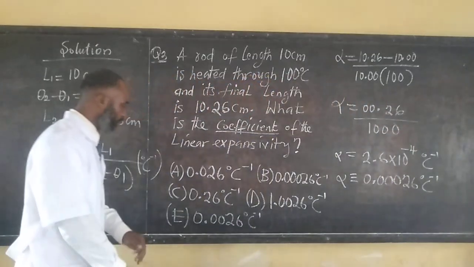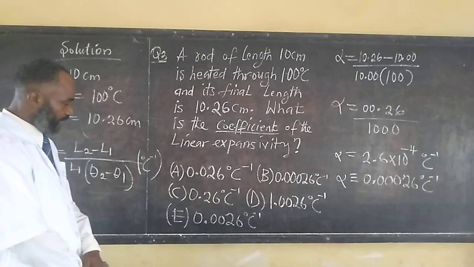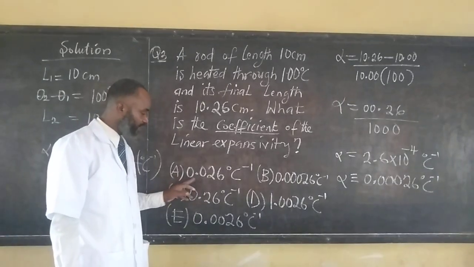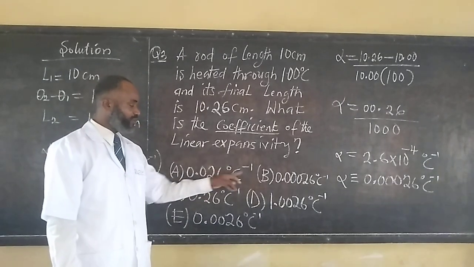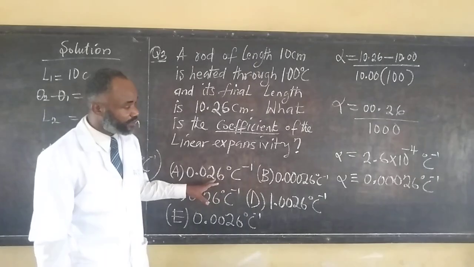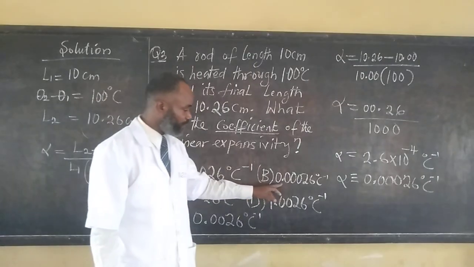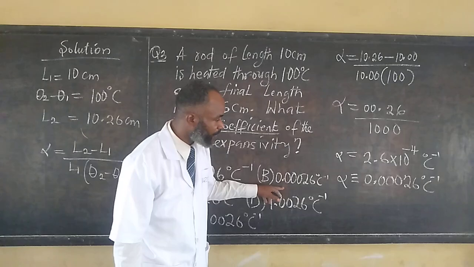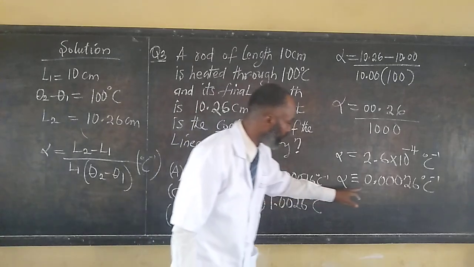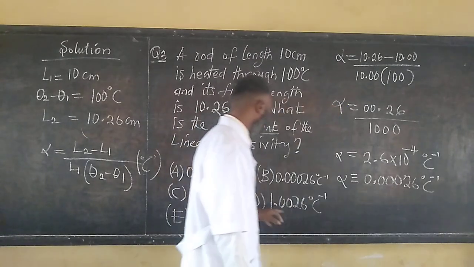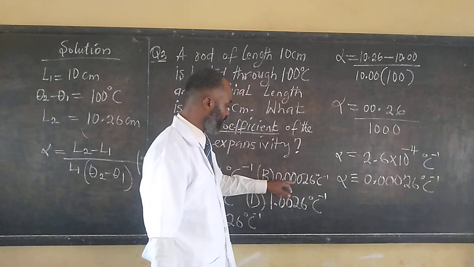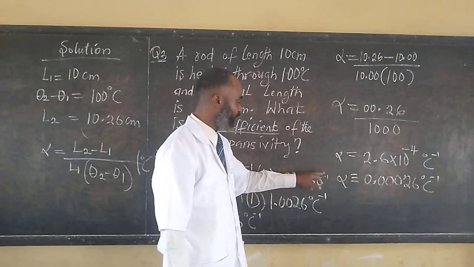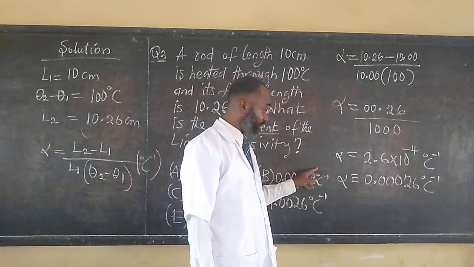Now let's see which of the options correspond. Option A is 0.026 per degree centigrade, not it at all. Option B, 0.00, how many zeros do we have here? 1, 2, 3, 4. We have 4 zeros here, 0.00026 per degree centigrade, right?